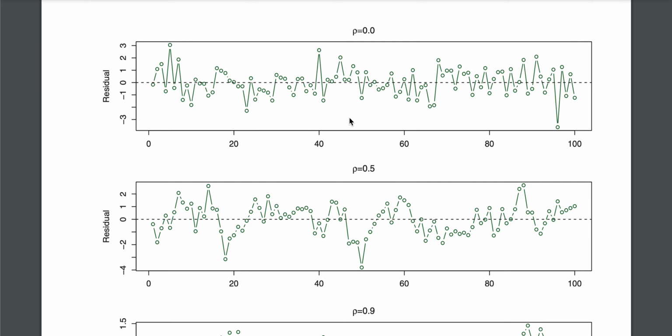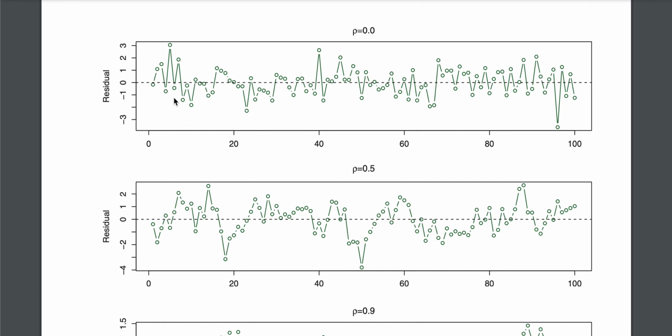Now, time series data present special challenges because observations in time are not independent. They are dependent. The values of today are going to be different from tomorrow, but they're not going to be significantly different. And that dependence is captured with something like correlation.